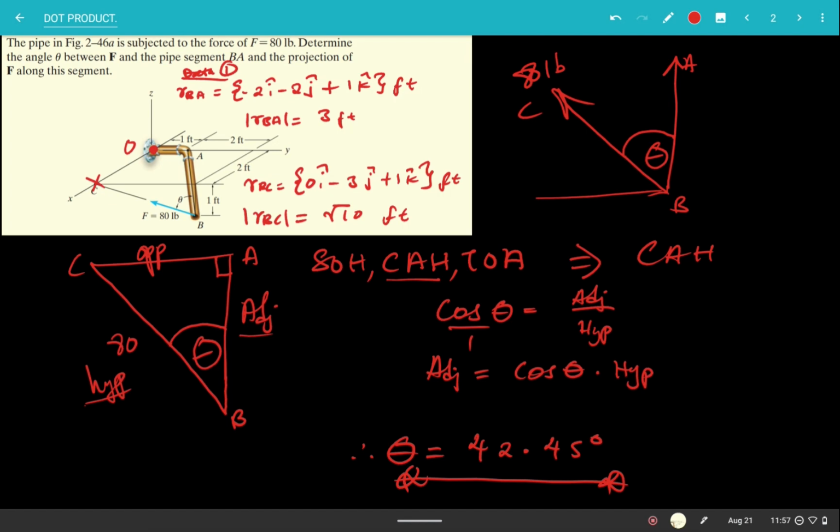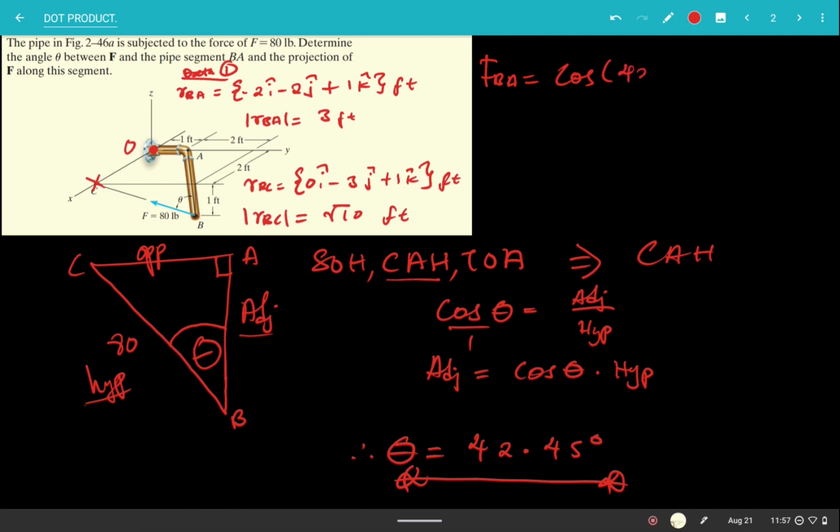Now, simply because the adjacent is the force we want to find, which is force BA, force BA will be equivalent to cos theta, of which the angle is 42.45, times the hypotenuse, and the hypotenuse is the force F, which is 80 pounds.